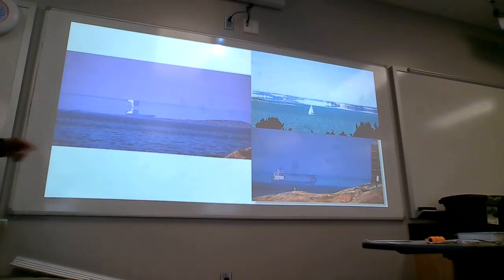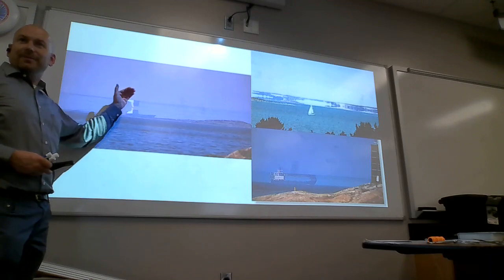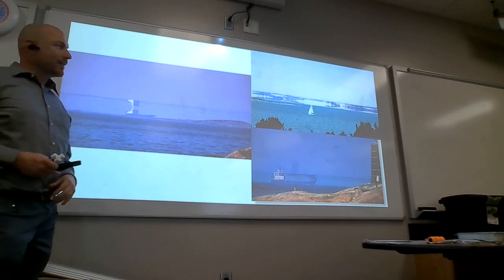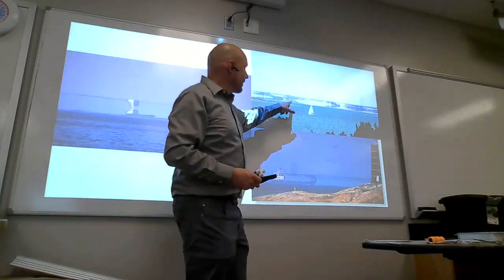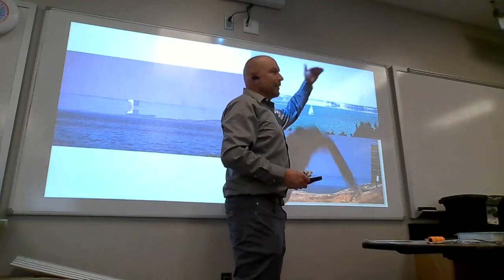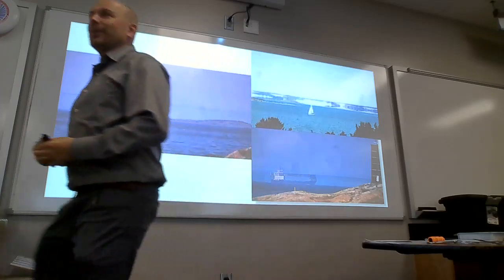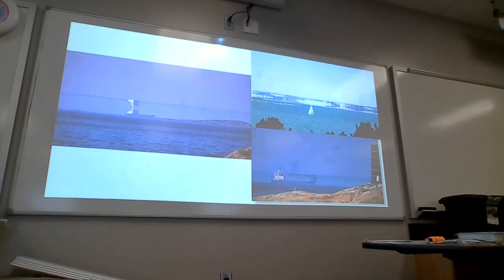So this is an image of the ship. Okay, this is the distant land. Light that would have gone over here is being bent down, so you're able to see that. Pretty crazy, huh?